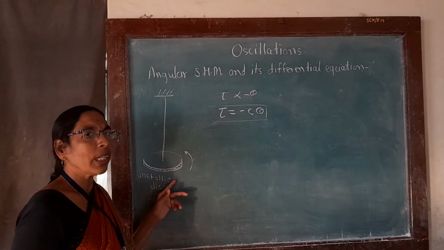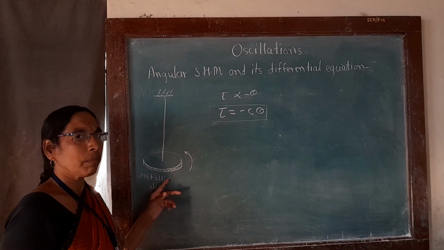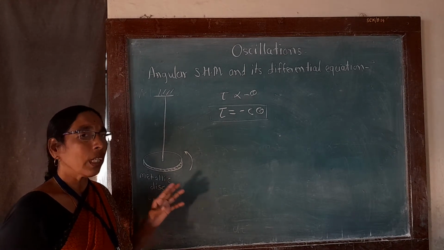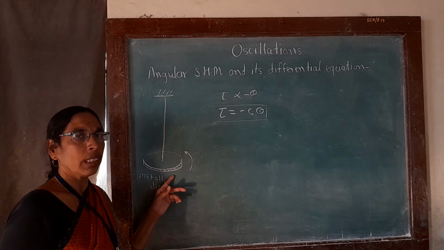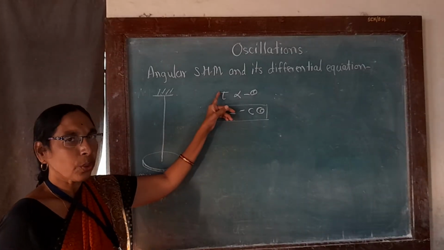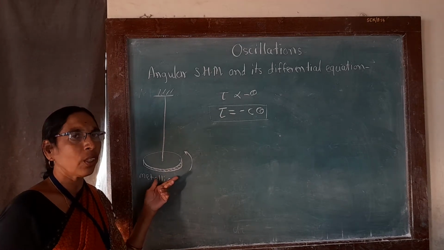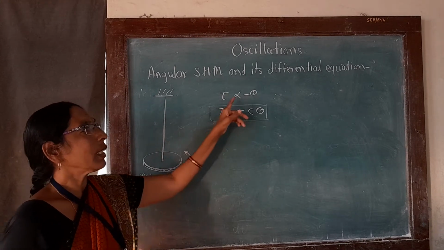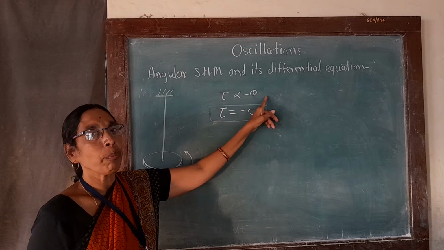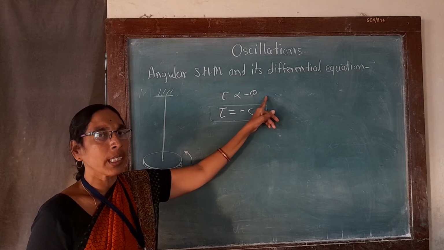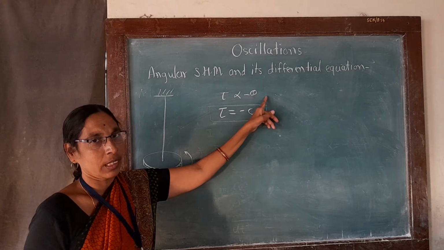So for this angular SHM or motion of this metallic disc, what governs this motion is the restoring torque, and the value of this restoring torque acting on this metallic disc is directly proportional to the magnitude of angular displacement of this disc.